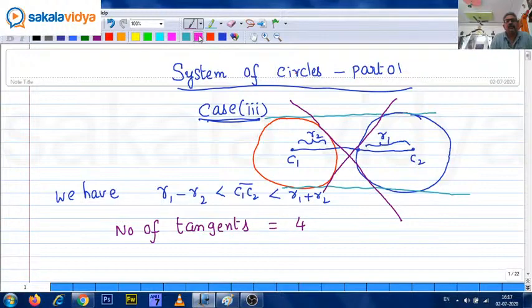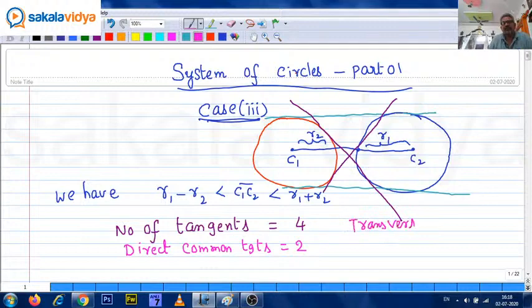And one more thing, these two green tangents are called direct common tangents. Direct common tangents is equal to 2. And next, these are called transverse common tangents. Transverse common tangents is equal to 2.